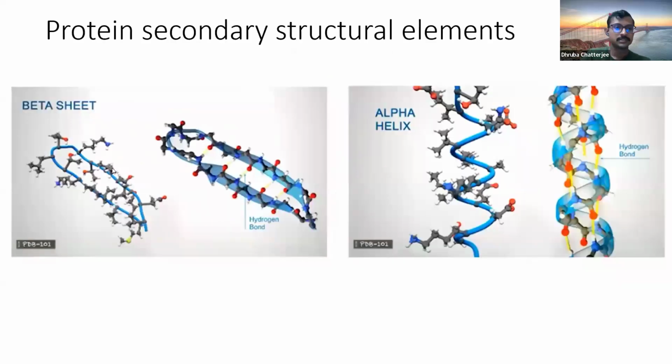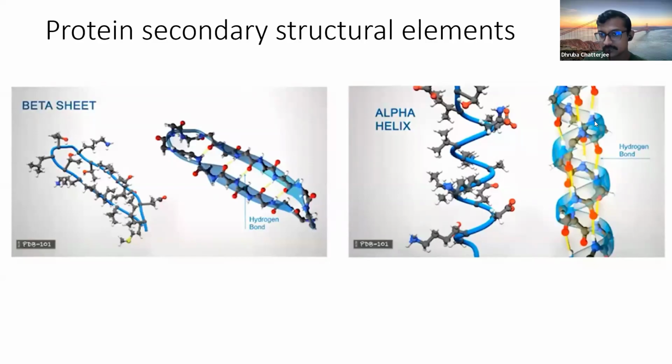Okay, so these are your two primary protein secondary structural elements: the alpha helix and the beta sheet. Actually, there are very characteristic amino acid sequence compositions that predispose the formation of one particular secondary structure over the other.